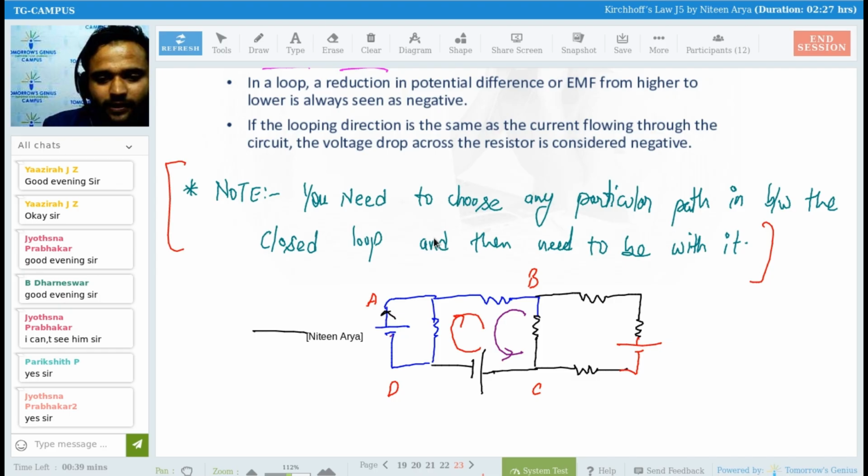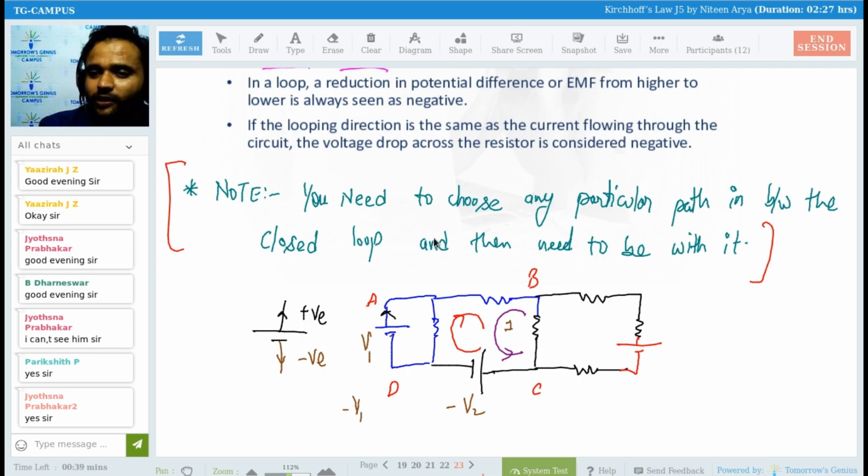Understand it this way: voltage is taken as positive if you choose a path from negative to positive, and as negative if you choose the path from positive to negative. Here in this anti-clockwise path, we go from positive to negative. So whatever the voltage is, suppose V1, you need to take minus V1. In the same sense, V2 is also going from negative to positive, so it is also taken as negative. Clear, everyone?